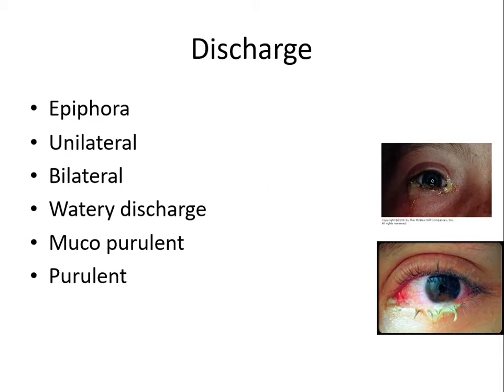So if the watering which patient complains of is watery in nature and looks like normal tears, you have to ascertain whether it is excessive lacrimation because of some irritant which has fallen into the eye, or whether there is any obstruction to the lacrimal flow.